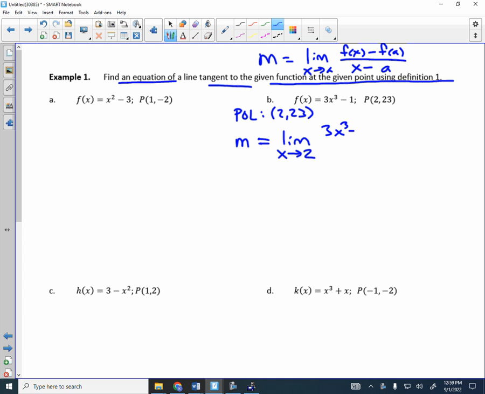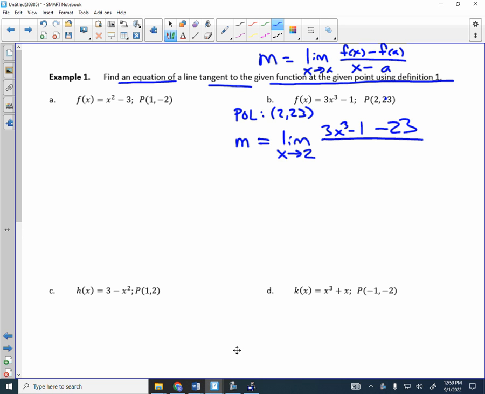3x cubed minus 1 minus what is f of a? If you were to plug 2 in, what do you get? On your worksheet, I don't give you 23. So how would you come up with 23? You plug 2 in and you get 2 cubed is 8, times 3 is 24, minus 1 is 23.